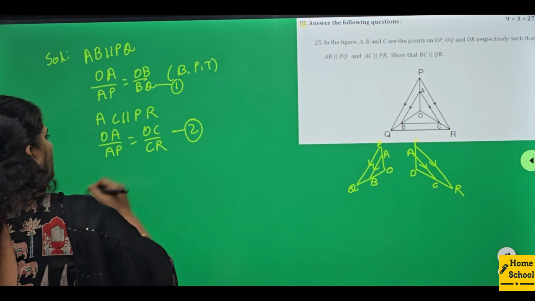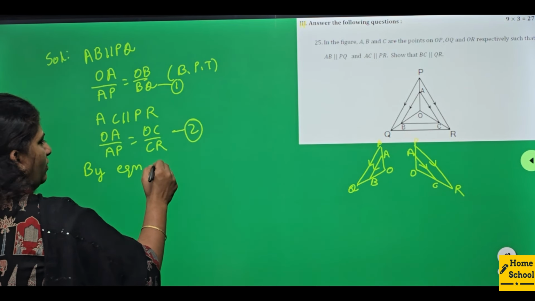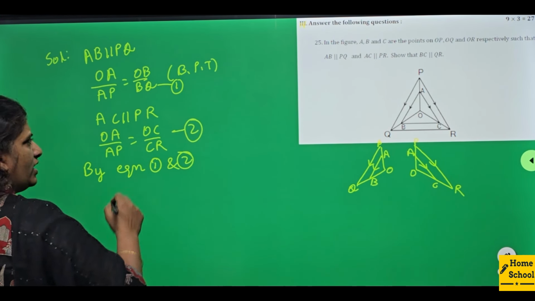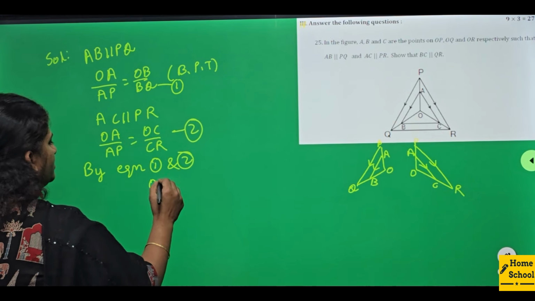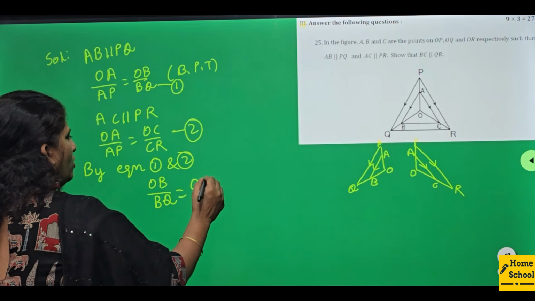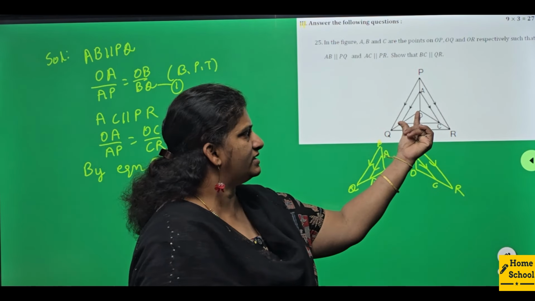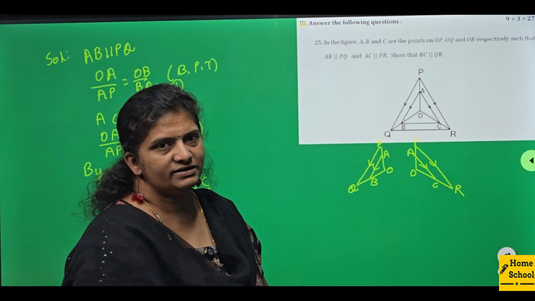Mark the second equation. Now by comparing equation 1 and equation 2, see OA by AP same. So equate the other two ratios. OB by BQ is equal to OC by CR. Where is OB by BQ? This new triangle. OB by BQ is equal to OC by CR.